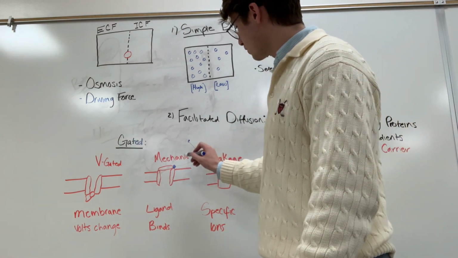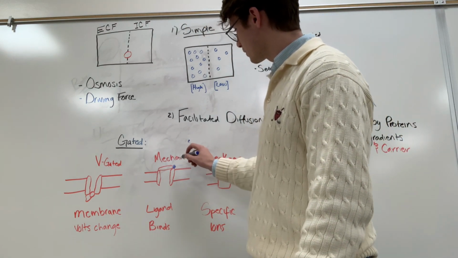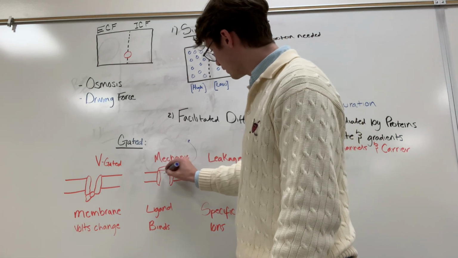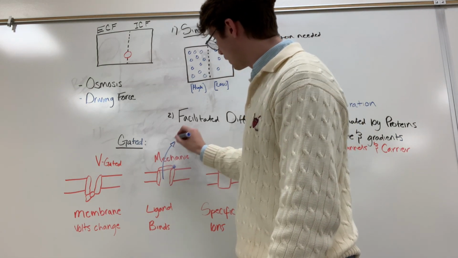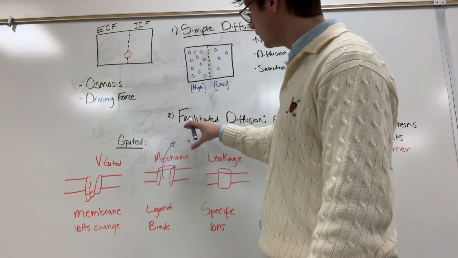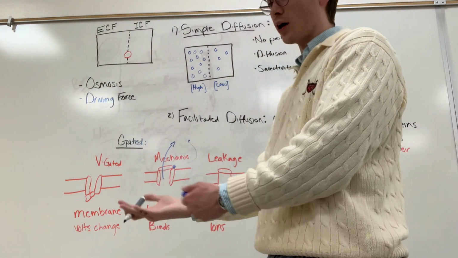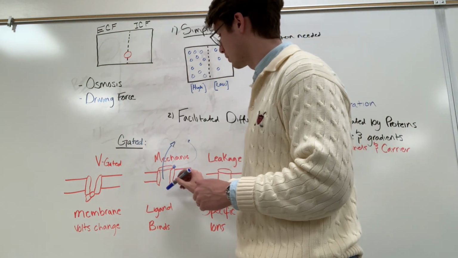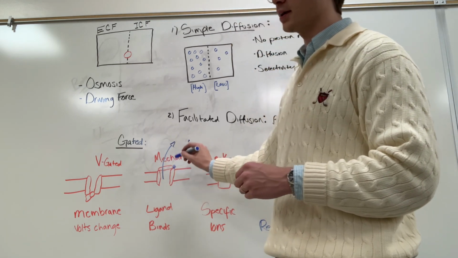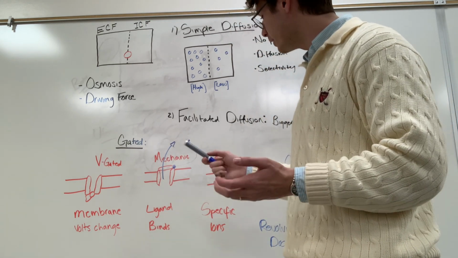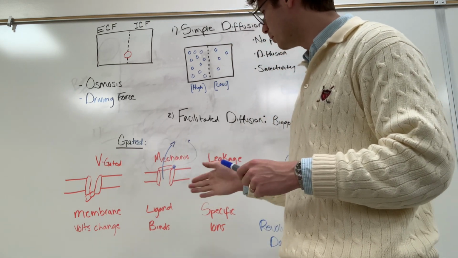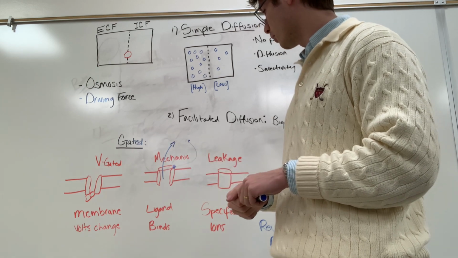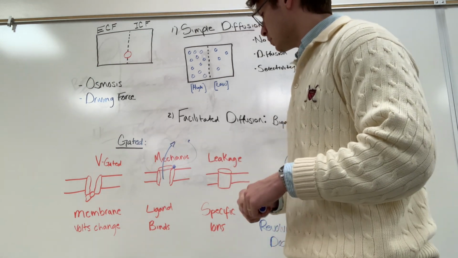And when this specific ligand attaches, this gate is going to flip open, and it's going to allow what needs to come in or out. It's purely dependent on a specific ligand that will come and bind and open. Kind of like a key. It only unlocks for that specific key.